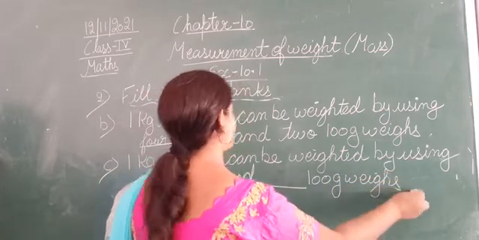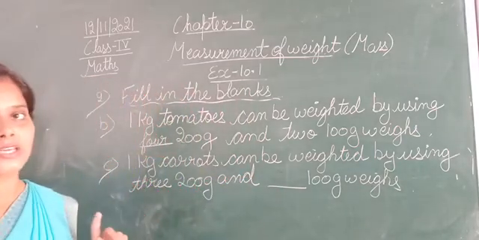So now again we need to measure 1 kg carrots, that means 1000 gram carrots.